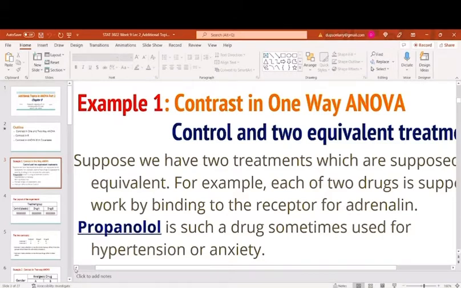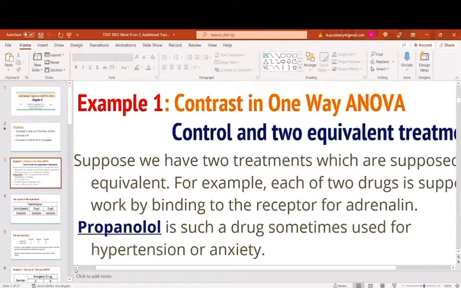That is the reason why we normally refer to contrast as a planned comparison. It is not a post hoc. We have certain things in mind that we want to compare even before we go into the analysis. So that is a difference between them.